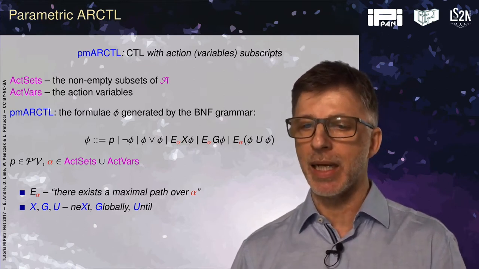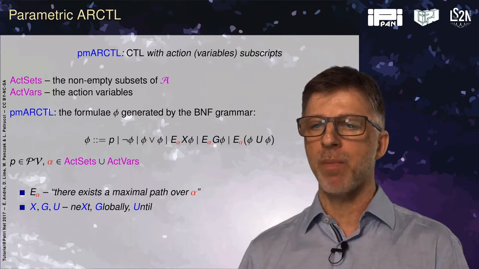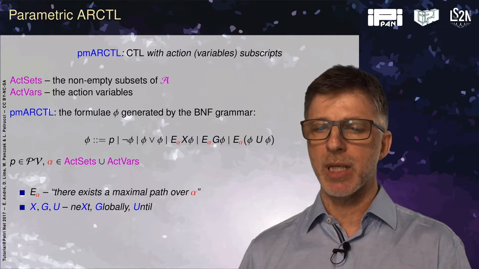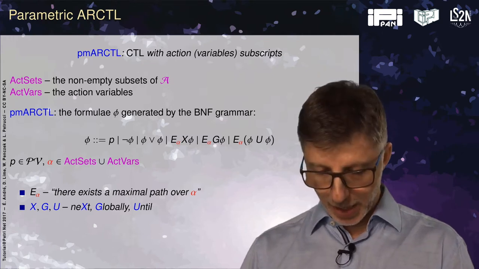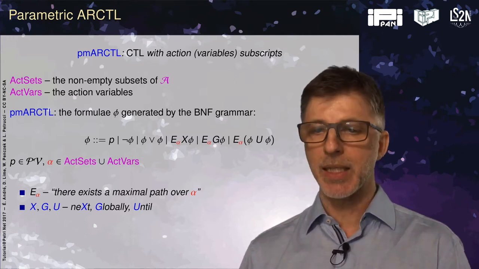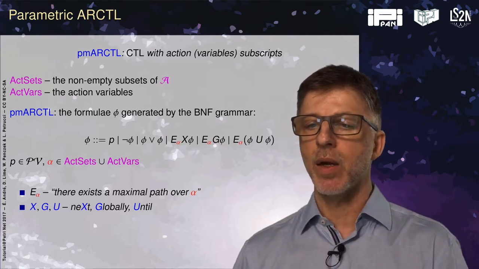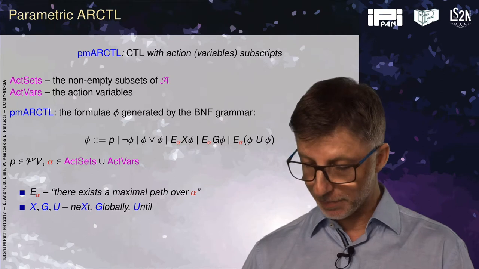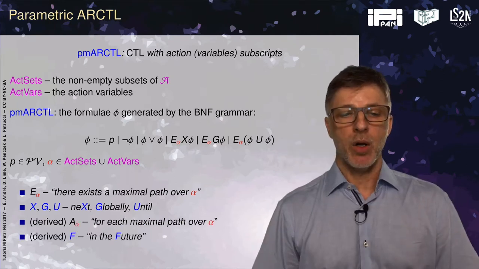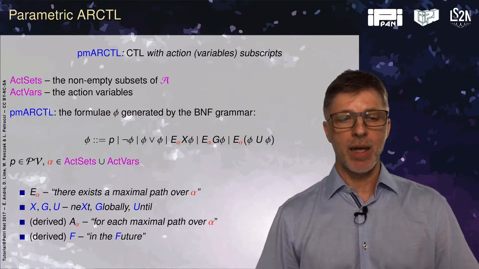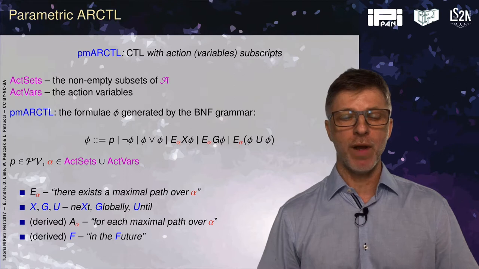You will see that in a while on examples on the next transparencies. And these modalities X, G, U are the standard next, globally, and until. One may also use derived modalities, namely A alpha, which means for each maximal path over alpha, and F, which means in the future.